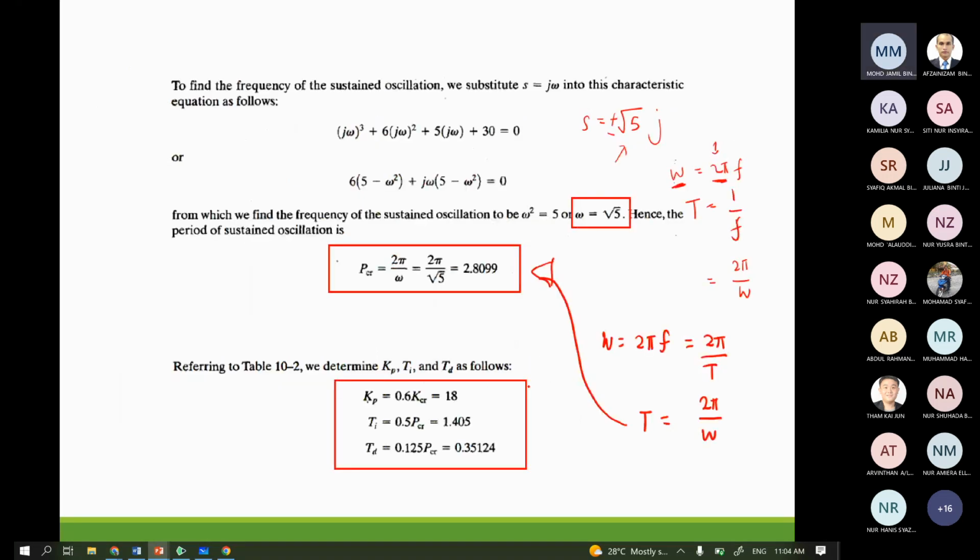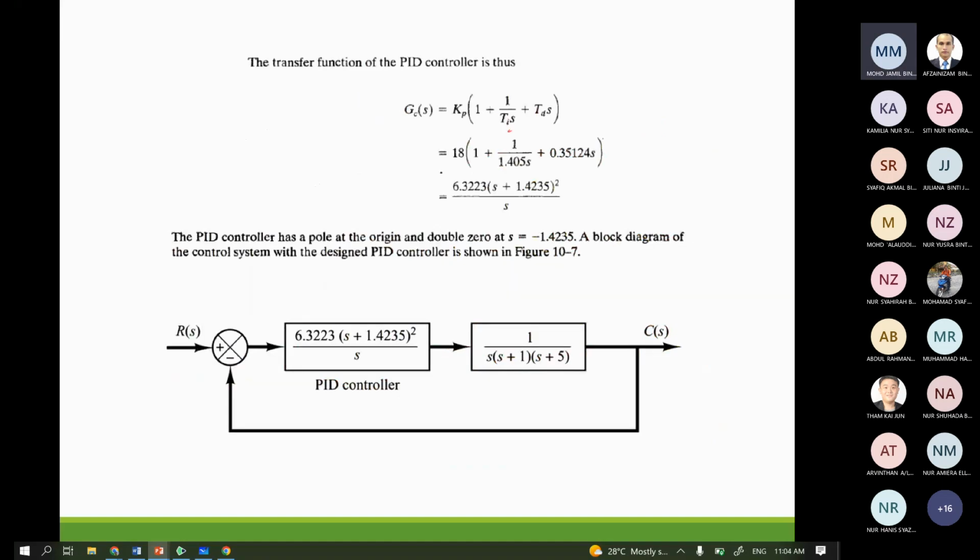So the example given to you calculated KP equals 18, TI equals 1.405, TD equals 0.35124. And then you use the value of KP, TI, and TD to substitute into the controller transfer function. Okay, you rewrite the final.